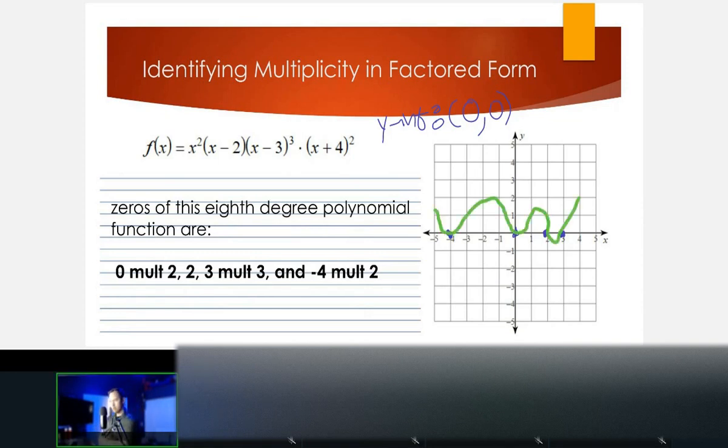All right, so we got the points plotted. How's everyone feel about Enzo's sketch of our graph here? End behaviors look good, points look good, bounces look good. Yeah, I think that's pretty good.